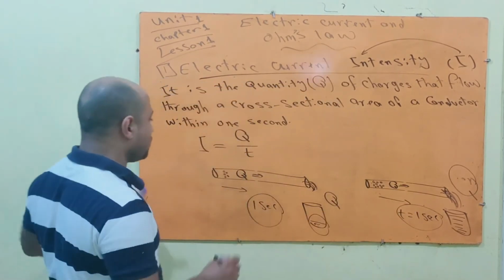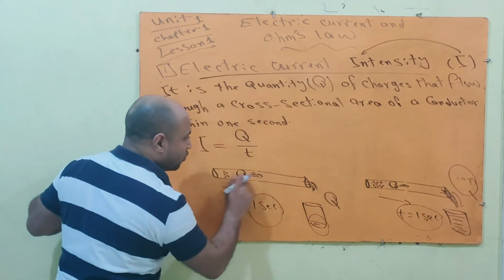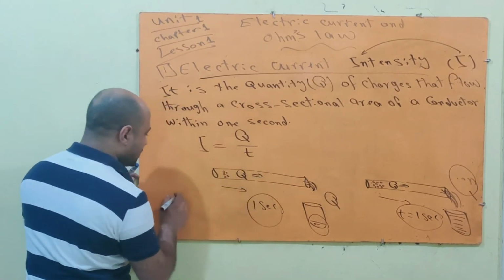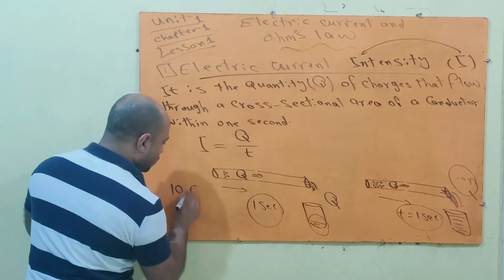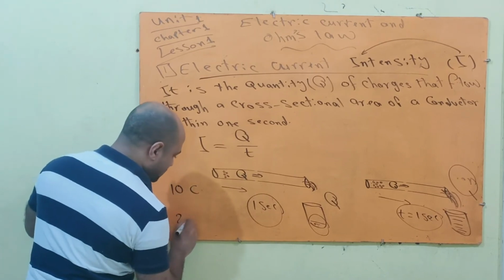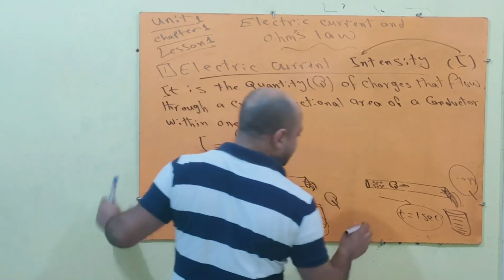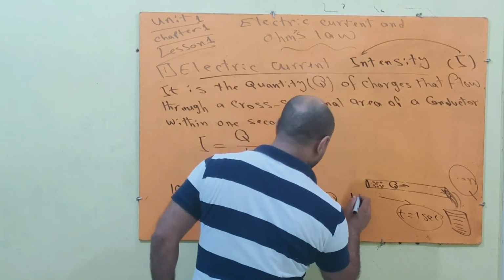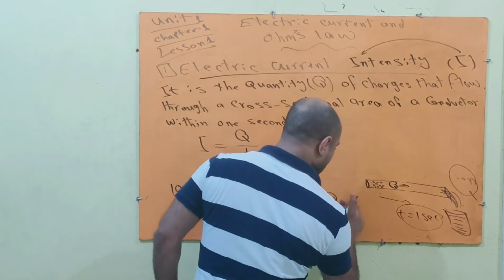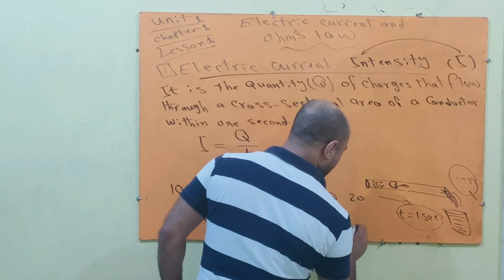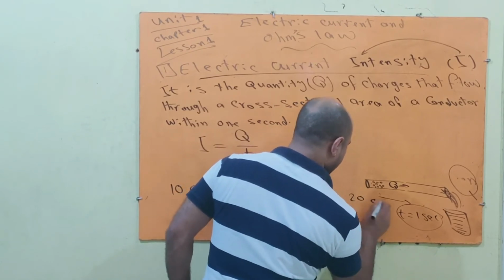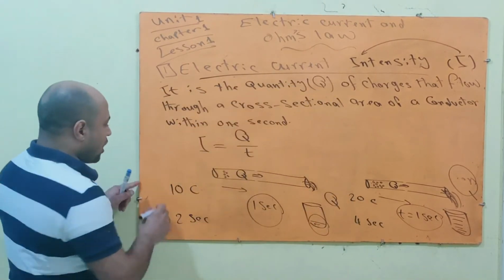For example, if I told you the quantity of charges that flow through this conductor equals 10 coulomb within time 2 seconds, and here 20 coulomb in time 4 seconds. So I in this case equals what?